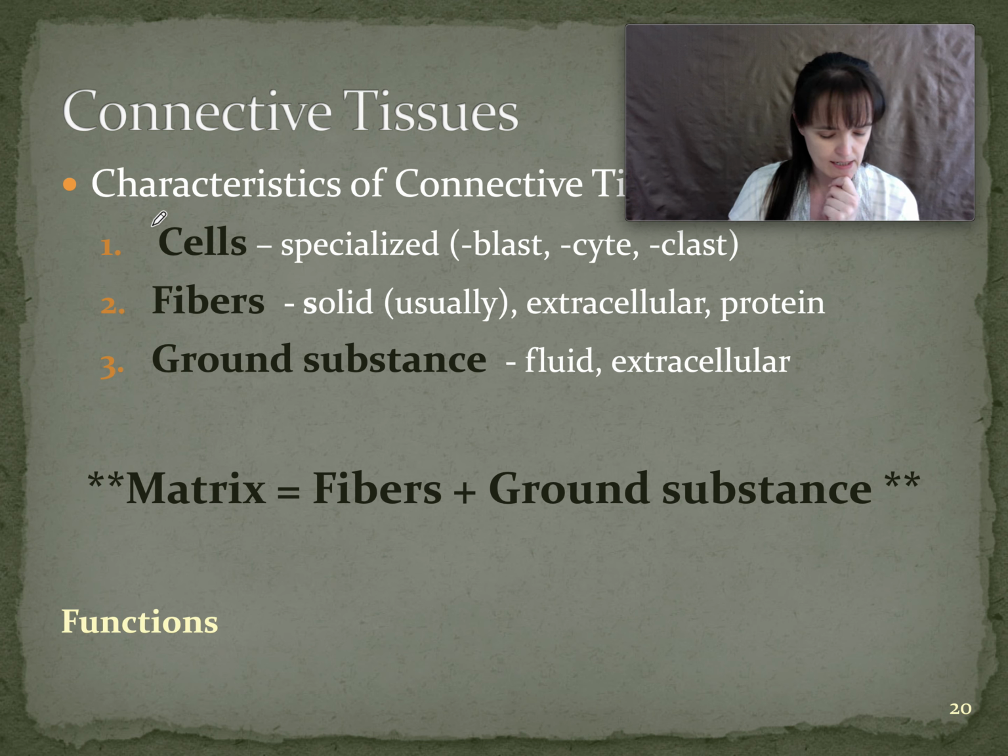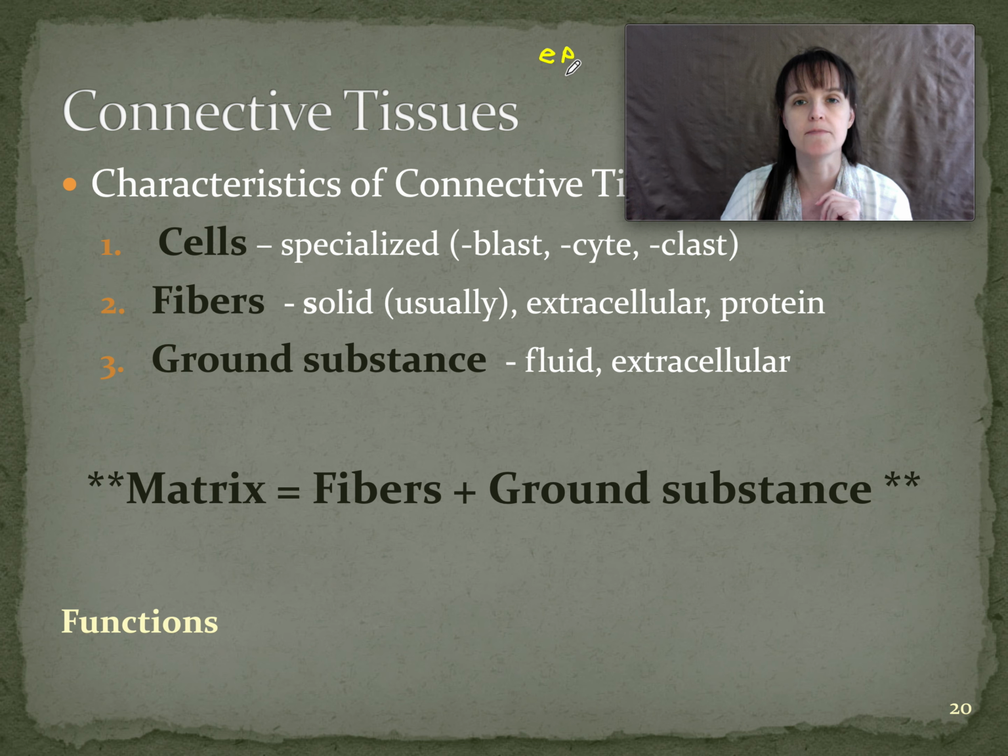All right, so connective tissues are connected to the overlying epithelium via a basement membrane. You may recall that on a previous video we drew an epithelium, and underneath it is a basement membrane, unless you're using the Latin, and then it's a basal lamina, and under that is connective tissue.